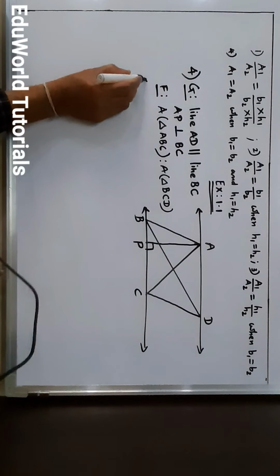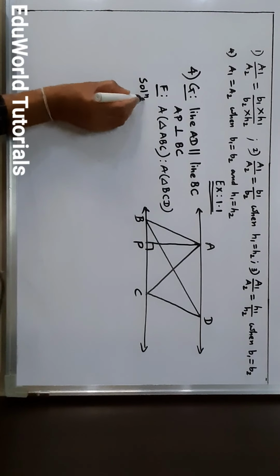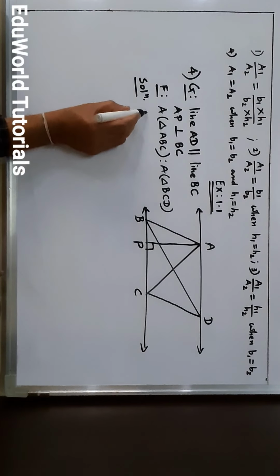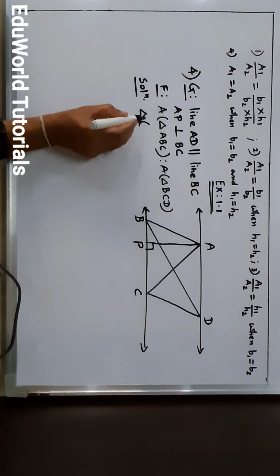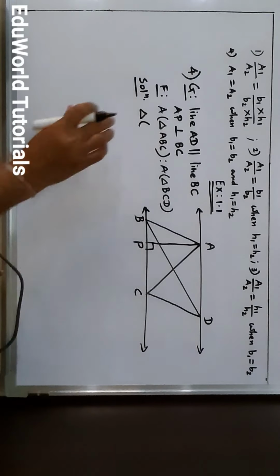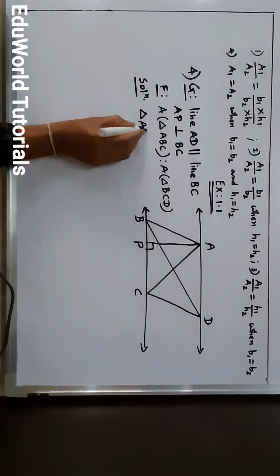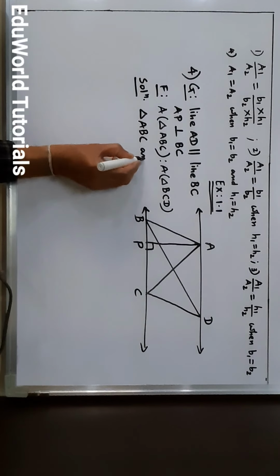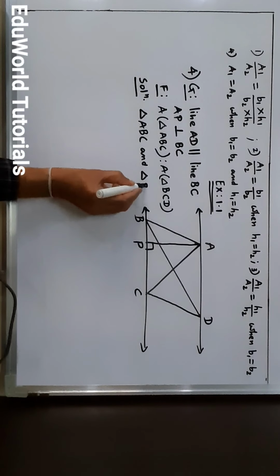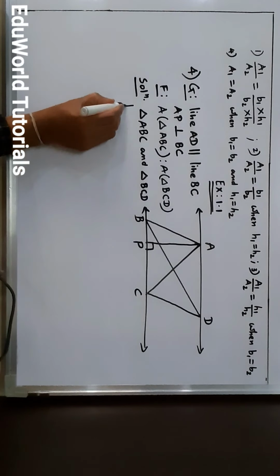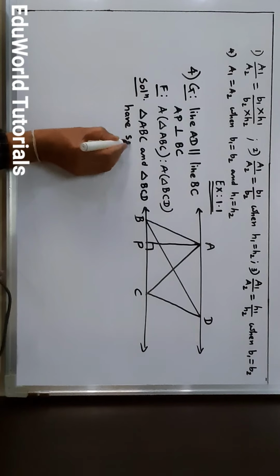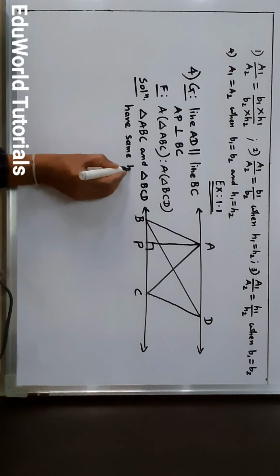How will you write the solution? We see the two triangles, triangle ABC and triangle BCD, have the same base. Which base is the same?